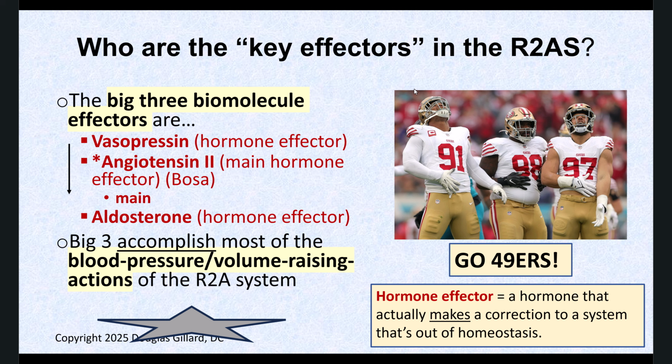But anyway, the 3 big effectors of the RAAS system are vasopressin, aldosterone, and the king, the boss of the 3, although he's not doing so good this year, is he? Angiotensin 2. Great. And they accomplish the blood pressure raising effects.